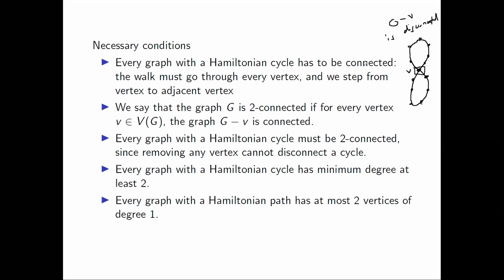So we saw that that graph had a Eulerian cycle, but I claimed in an earlier slide that that graph cannot have a Hamiltonian cycle. So it has a Eulerian cycle, but not a Hamiltonian cycle. And that's because graphs with a Hamiltonian cycle must be 2-connected. In other words, the graph G minus V must remain connected for every vertex in the graph.